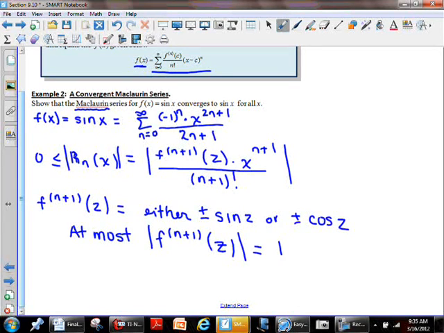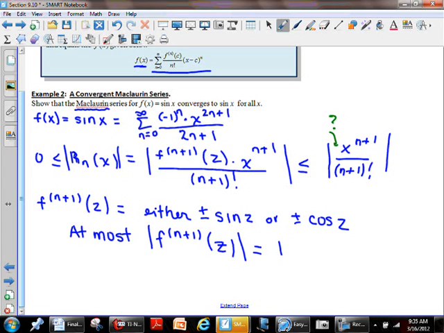But do you see that at the very worst, this absolute value inequality has to be less than or equal to the exact same expression with the f of n plus 1 derivative done away with, right? As you can see, yeah, whoa, there's something missing here, right? I took away the n plus 1 derivative of f.